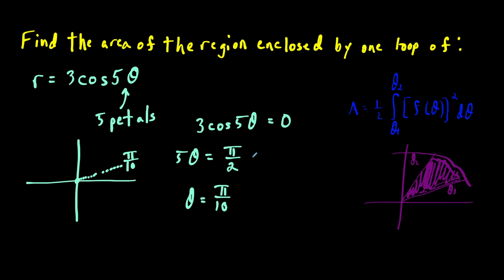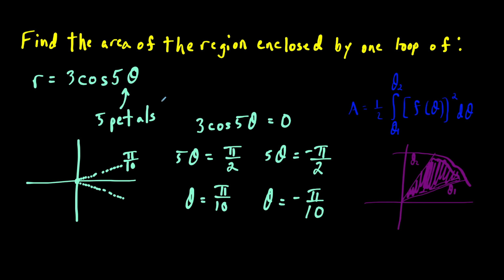But then what we could also note is that cosine of negative pi over 2 is also equal to 0. So if we set 5 theta equal to negative pi over 2, then we would have theta equals negative pi over 10. So if we sketch negative pi over 10, it's going to extend here into quadrant 4.